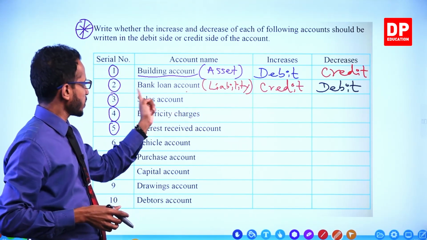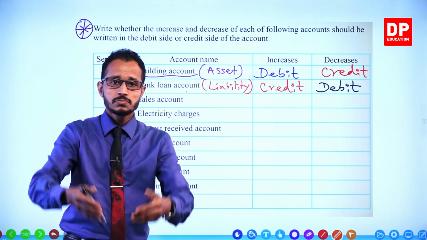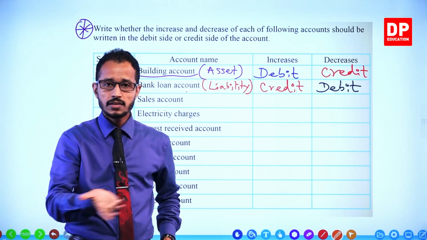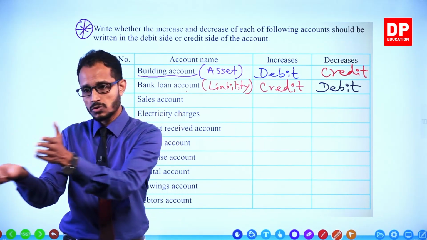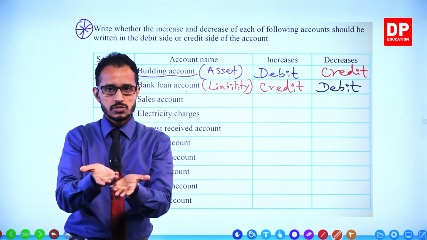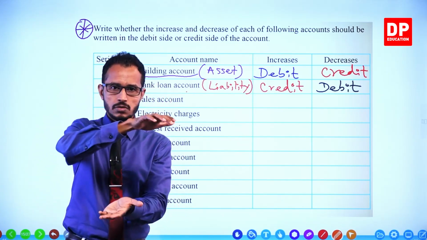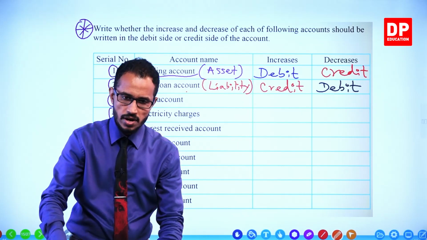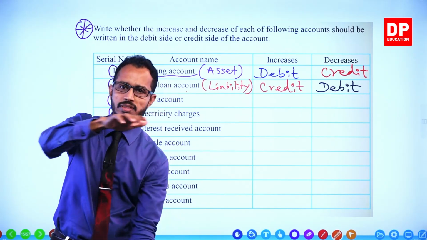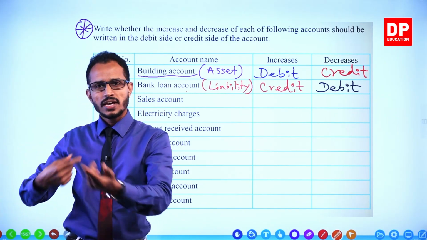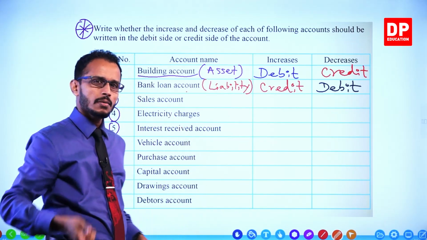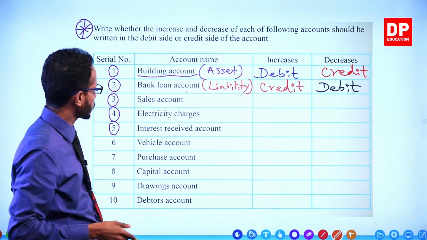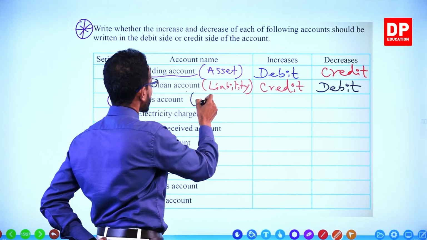What type of an account is sales account? You are selling goods. When they are sold to customers, you get an income. Selling is an income. So sales account is an income account.